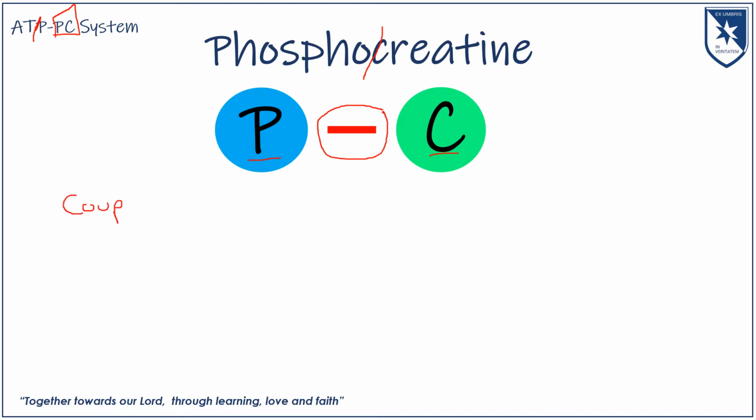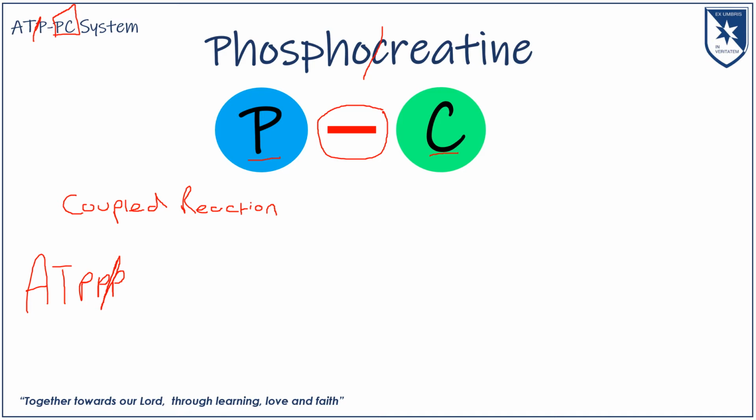Let me write that here for you. Coupled reaction. I'll explain what happens. When we break down our ATP, when we break down that final phosphate molecule, we have something called an exothermic reaction.